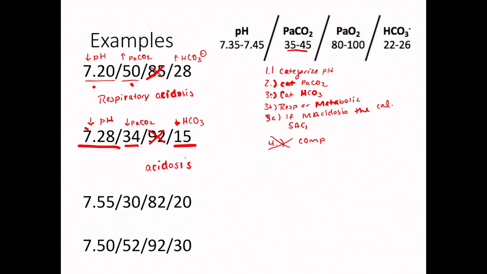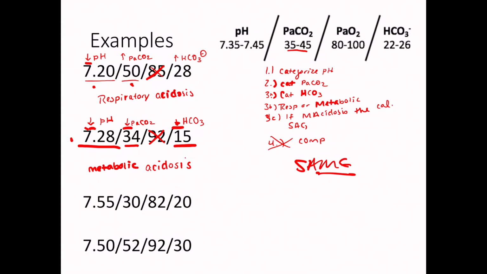Yes, because bicarbonate's a base, having low base in an acidic environment. Those two things would be together. So that's the primary problem. This PaCO2 is just your compensation. So this would be a metabolic. And remember, the same mnemonic, so the ME, all of these arrows are going down, tells you it's metabolic. Versus in this respiratory problem, you see my arrows going down, up, up.